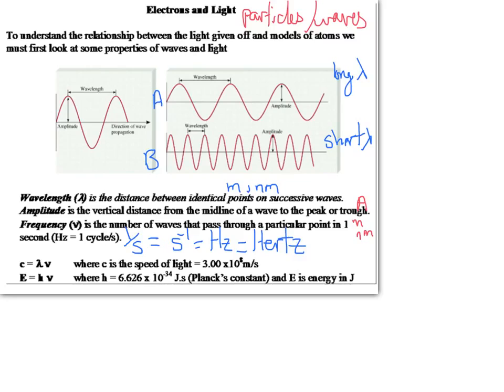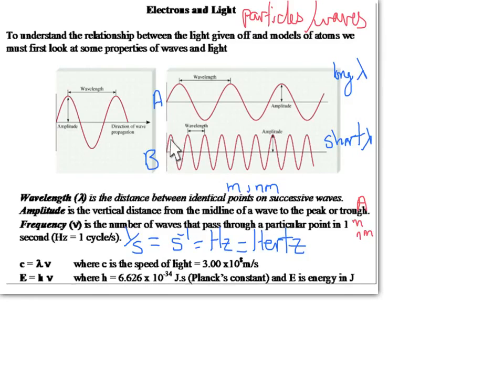So, like we said, frequency is the number of waves per second. So let's look back at wave A and wave B. If you look at both waves, these are light waves, so they travel at the speed of light, which is a constant, so they both have the same speed. So they travel the same distance over time.